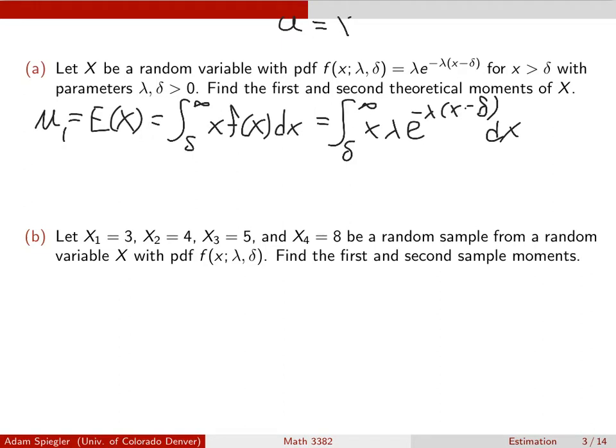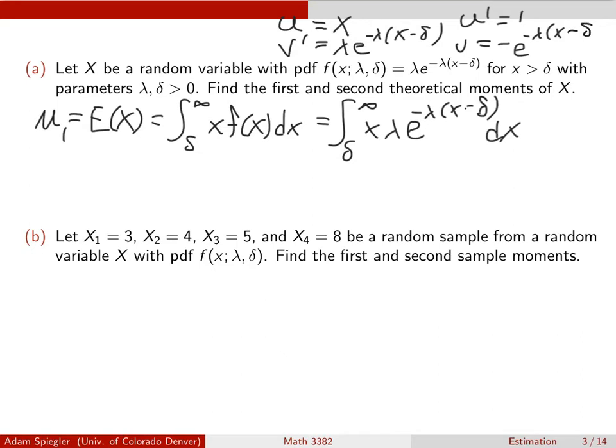So here we can use integration by parts. Using u is equal to x, and then we could define v prime as the rest of this stuff, the lambda e to the minus lambda (x minus delta). And so this is a good candidate for integration by parts because when I take the derivative of u, I get 1, and when I integrate v prime to find v, I can do that and I get minus e to the minus lambda (x minus delta).